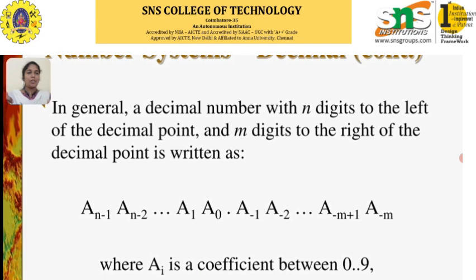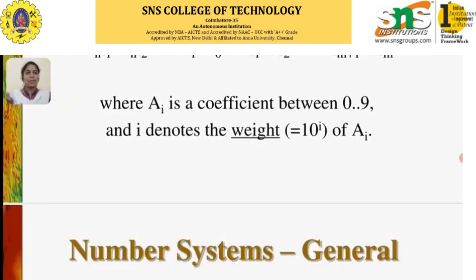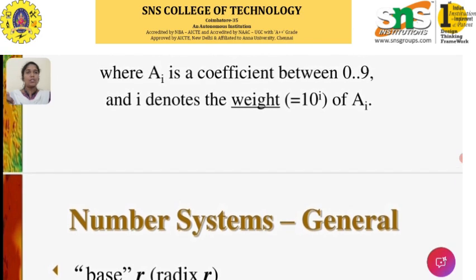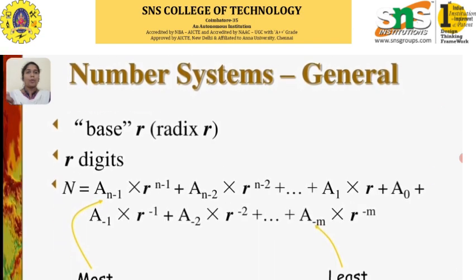In general, a decimal number with n digits to the left of the decimal point and m digits to the right of the decimal point is written as a_{n-1}, a_{n-2} to a_1 a_0 dot, with fractional values a_{-1}, a_{-2} up to a_{-m}, where a_i is the coefficient between 0 and 9, which denotes the weight.